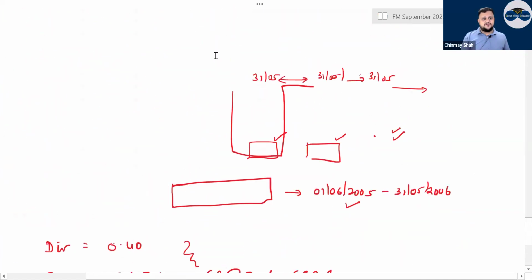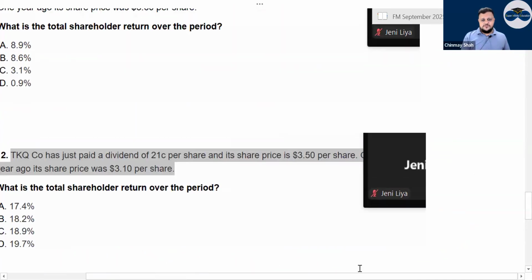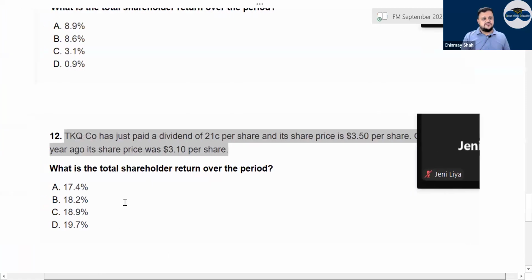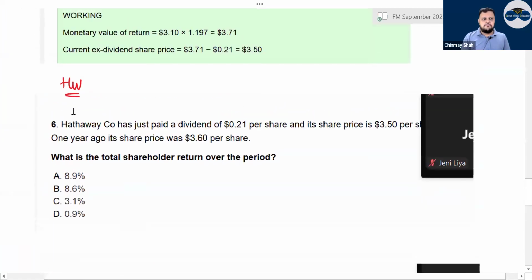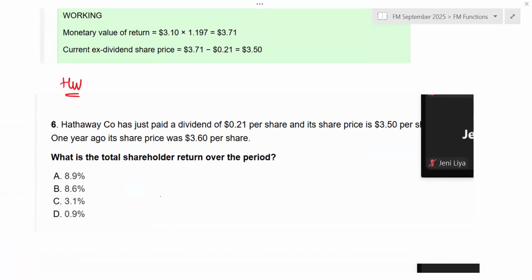I gave you some homework, no? Let's discuss the answer. This was homework, I think. What is the total shareholder return? Quickly tell me. 3.1%. Okay, 3.1.